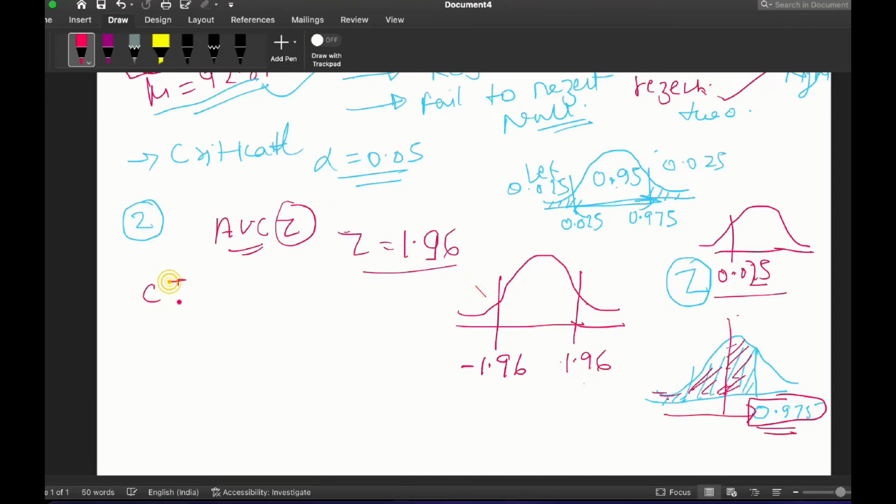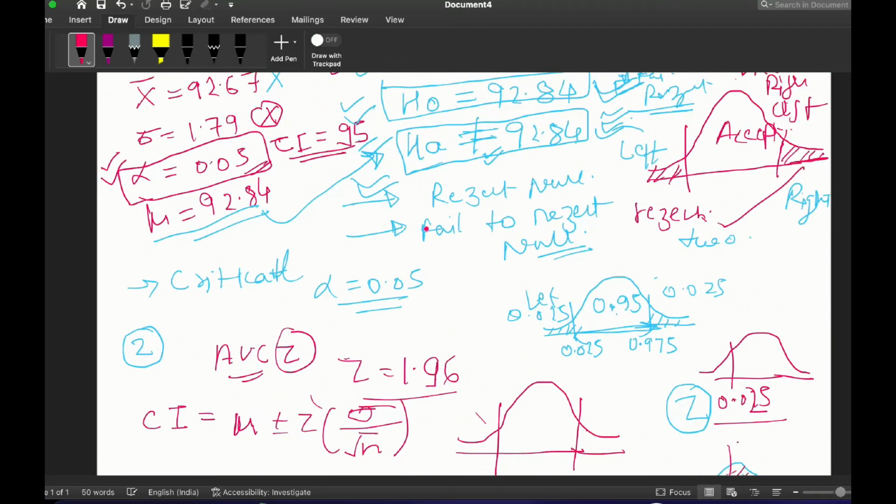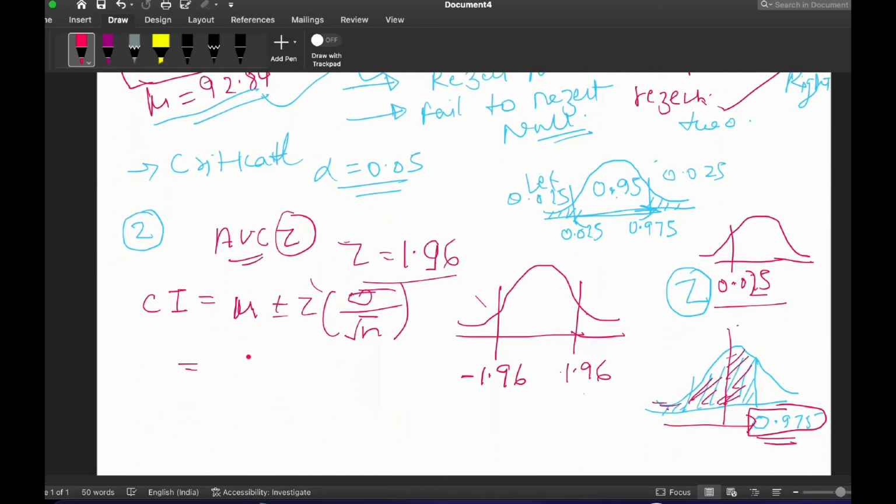So we use the confidence interval equal to mu plus minus z into sigma divided by root n. So this we know that our mu is 92.84 plus minus 1.96 and sigma is 1.79 and this is divided by root 40.